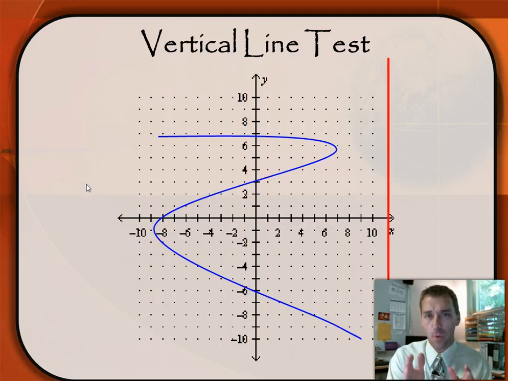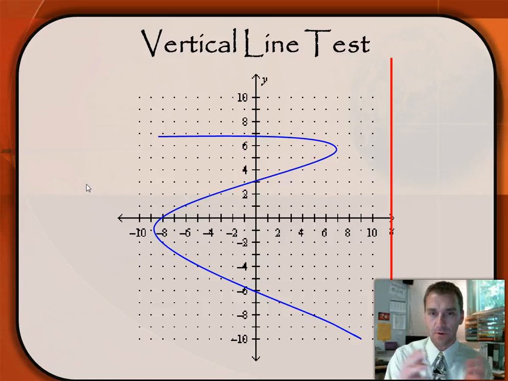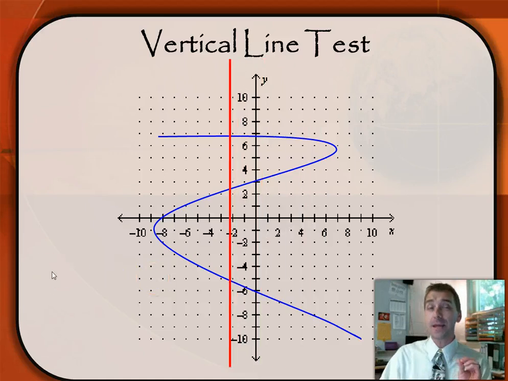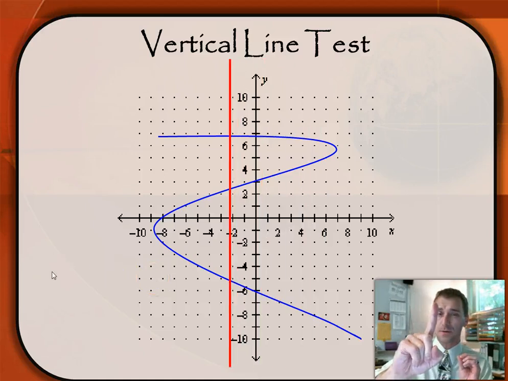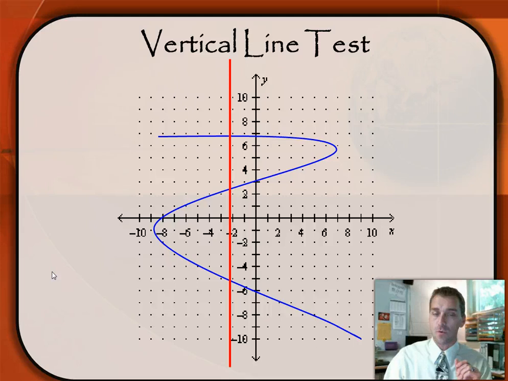Here's your definition if you want a vertical line test definition. If at any point this vertical line going down through your graph intersects that graph in more than just one spot, which means we have more than one output value for an input value. Keep in mind, this red vertical line represents your output values, your range.